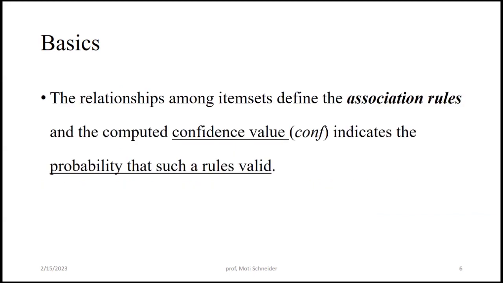The relationship among item sets is actually what we call the association rules. And basically what we do, we give to each association some kind of a confidence level or confidence value. And what it does, it indicates the probability that such a relation exists.